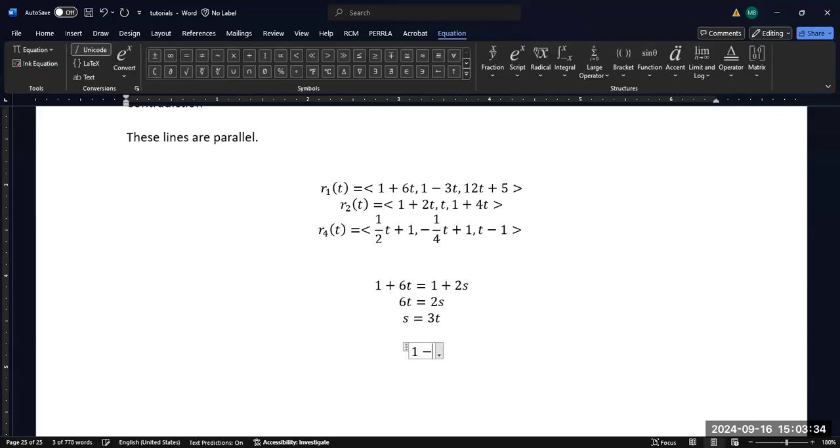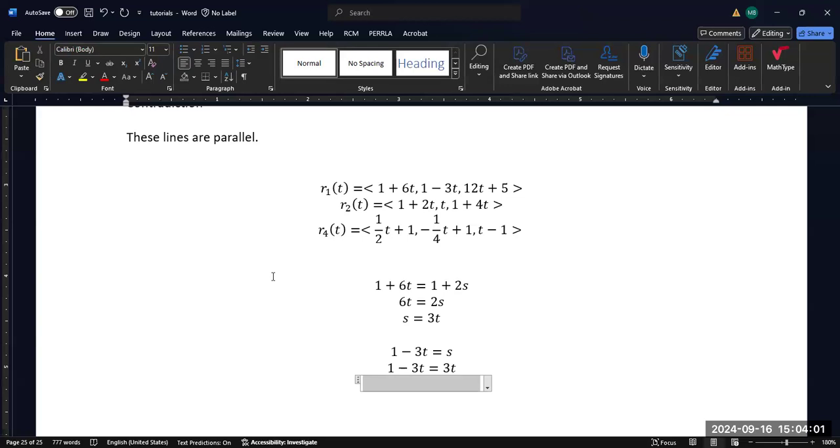So then we do the next one. 1 minus 3t is equal to t, which is s in our second equation. If we know that s is equal to 3t, 1 minus 3t is equal to 3t from our previous equation.